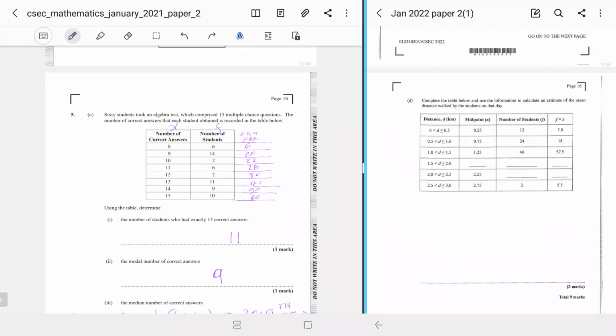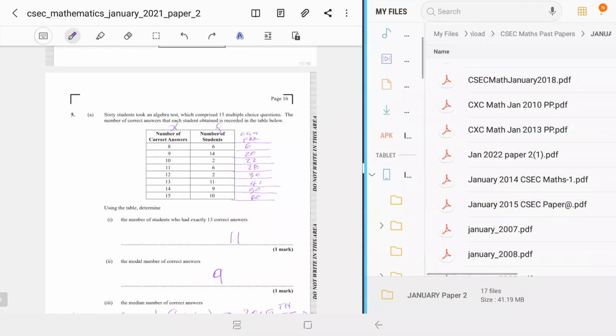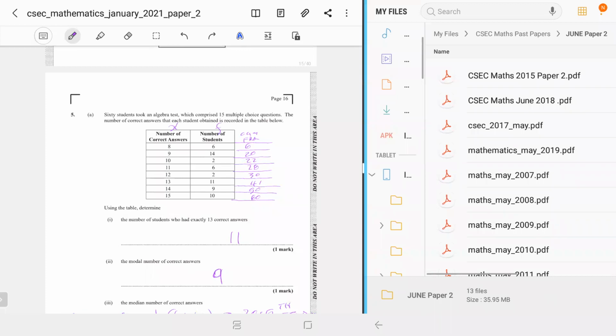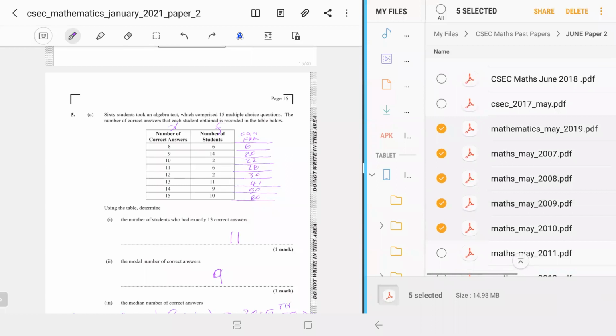No, there was no exam in 2020. Let's look at a June paper, the more recent June that we can see. Say June 2019.